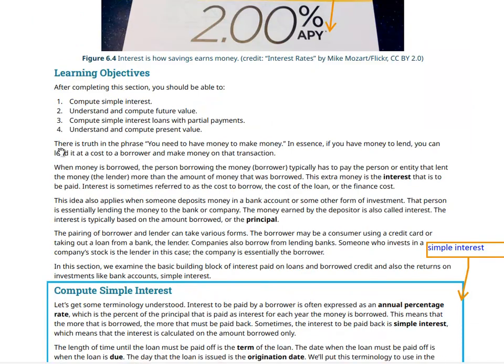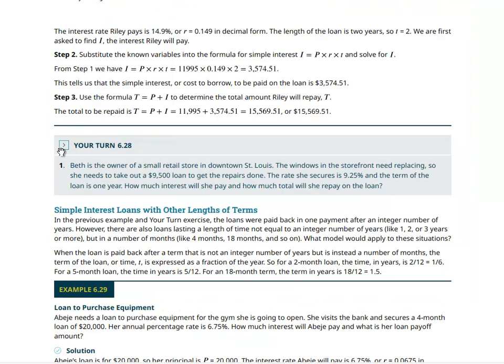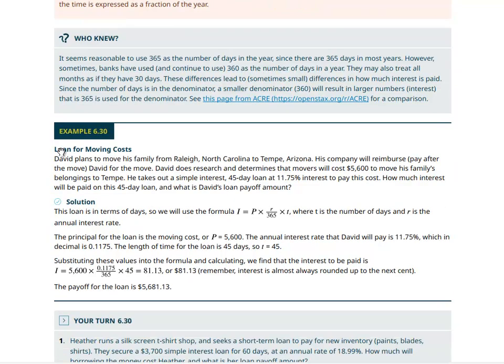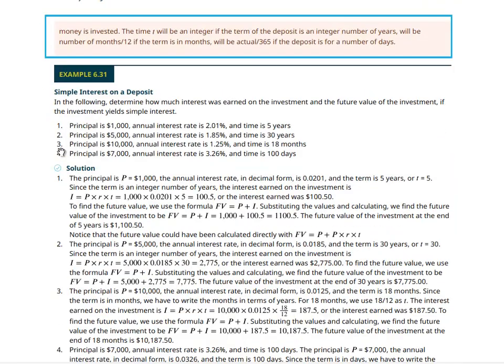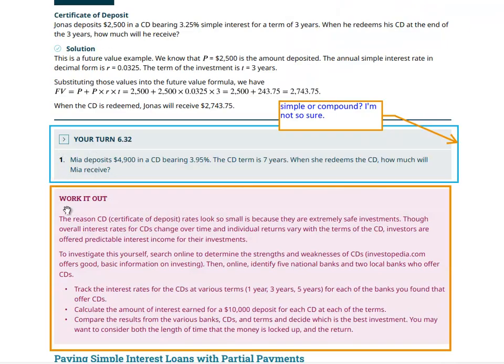And there's another example here. Her name is Mia, so I have to find her. I think it's a your turn. And there's Heather, and let's see, is she showing up? There she is. Mia deposits $4,900.